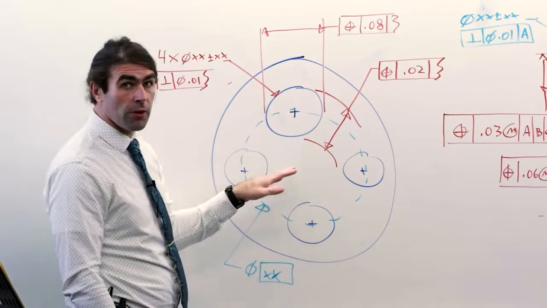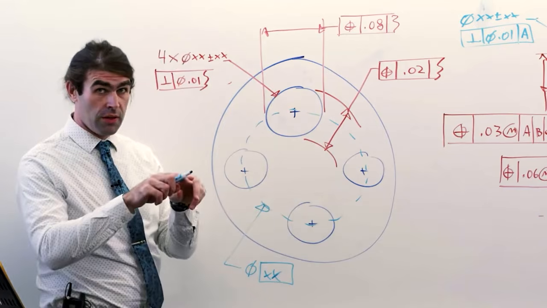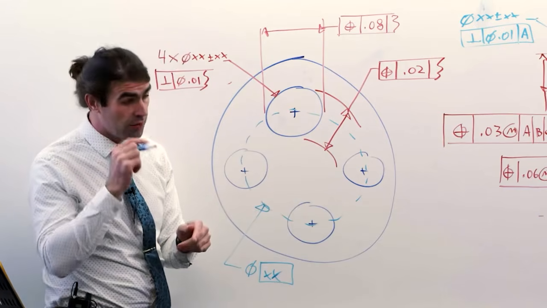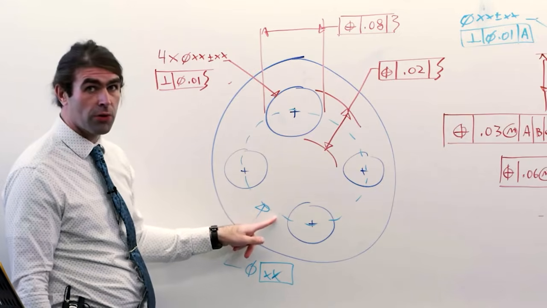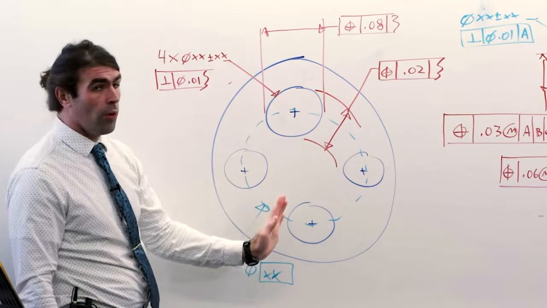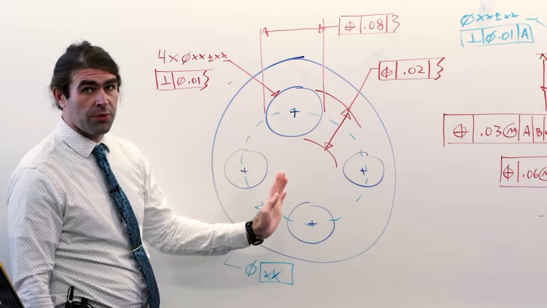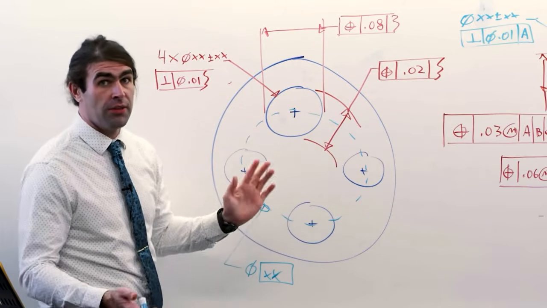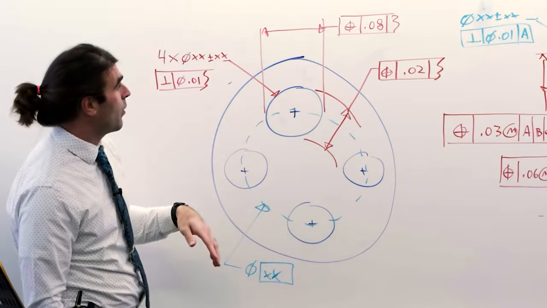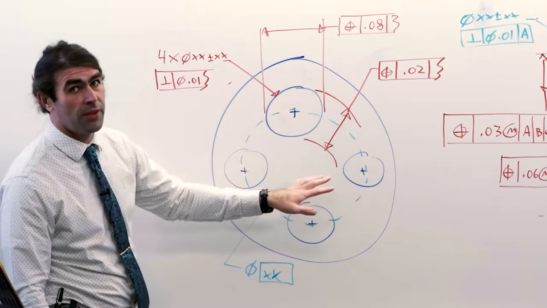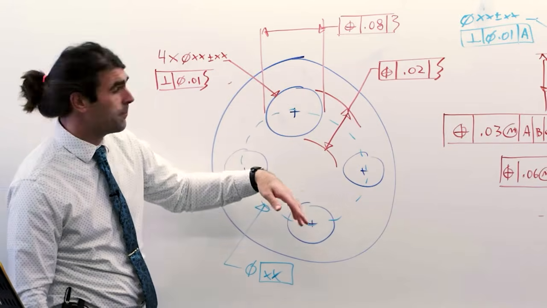Now, here's another larger example. This is with a circular pattern, right? So it's kind of like polar coordinates. We've got a basic dimension for this bolt circle. Since these holes are on the center lines, we're going to assume it's 90 degrees basic. Right, so that's the dimension that controls the left and right. Now, of course, as with all of these, they're not fully complete.